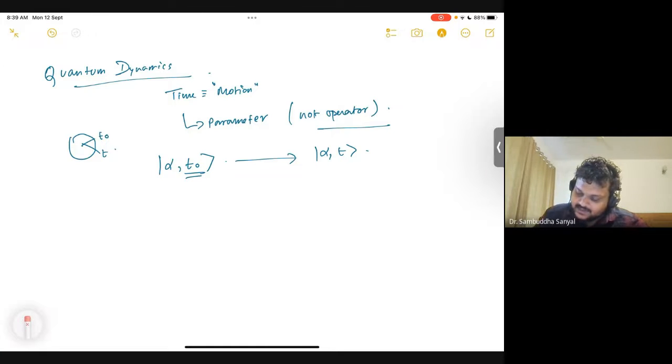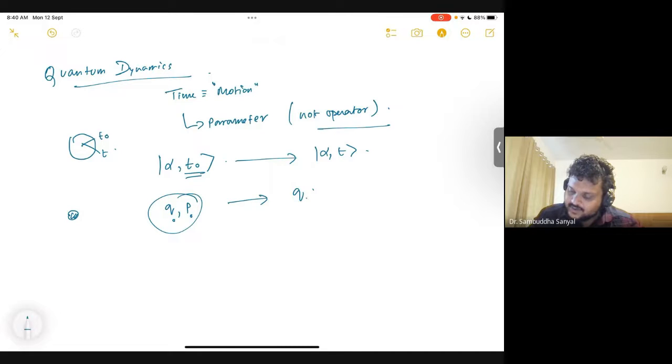In classical mechanics, the formalism is that I have a state given by q and p, and we want to know, given q0 and p0, what are qt and pt. And we know that this is given by q dot equals del H del p and p dot equals minus del H del q.